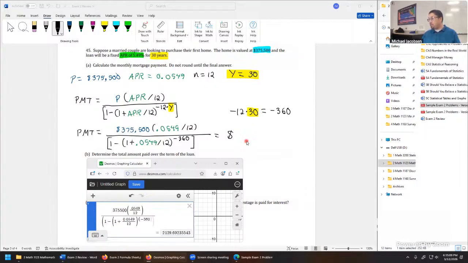So it's a mortgage payment. So if you see a pretty scary number like I'm looking at, that's not too bad. That's in the right ballpark for this kind of scenario. Their payment is $2,129.69 rounded to the nearest penny.